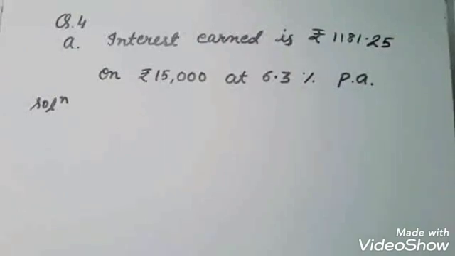Students, see question number 4. In this question, we need to calculate time, and the question is: interest earned is rupees 1,181.25 on rupees 15,000 at 6.3% interest per annum.